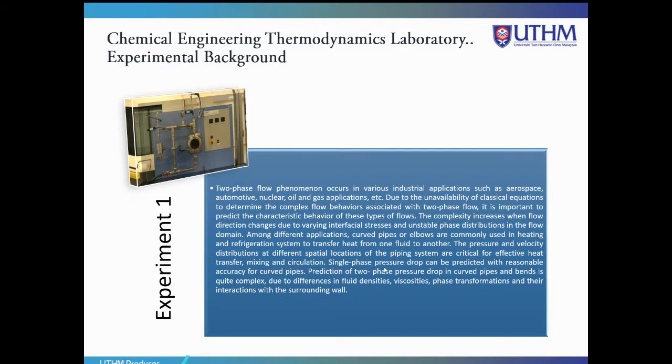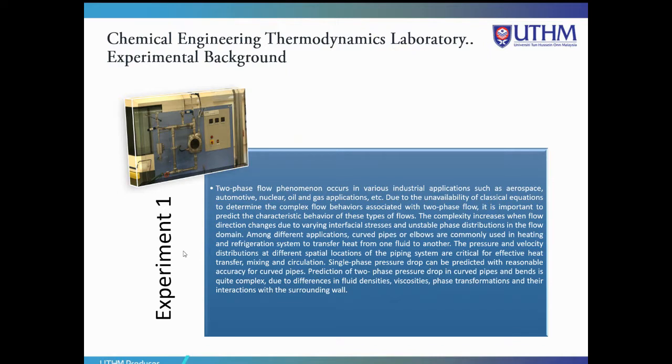Single-phase pressure drop can be predicted with reasonable accuracy for curved pipe. Prediction of two-phase pressure drop in curved pipe and bend is quite complex due to differences in fluid density, viscosity, phase transformation, and their interaction with the surrounding wall. So this is a little bit of experimental background regarding experiment 1.